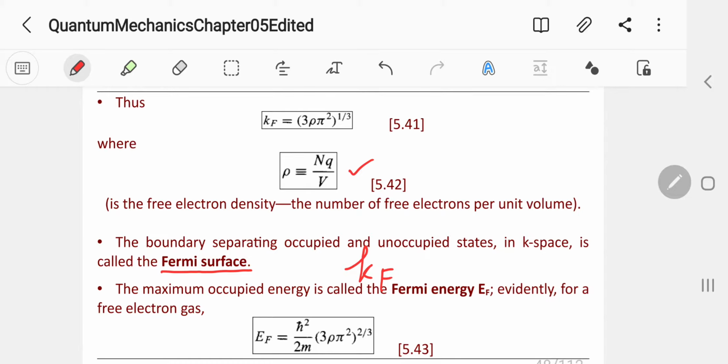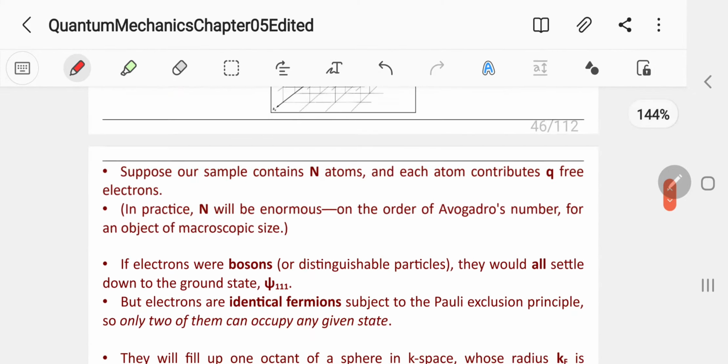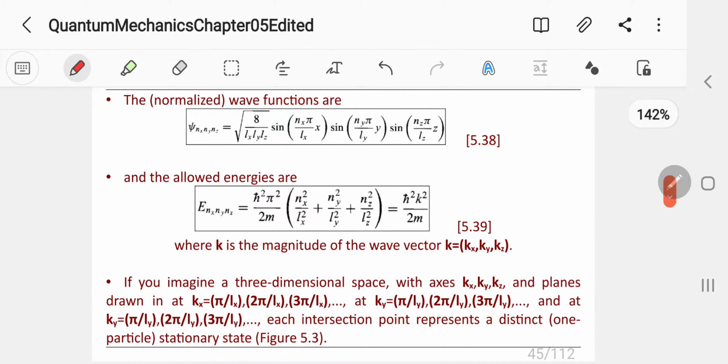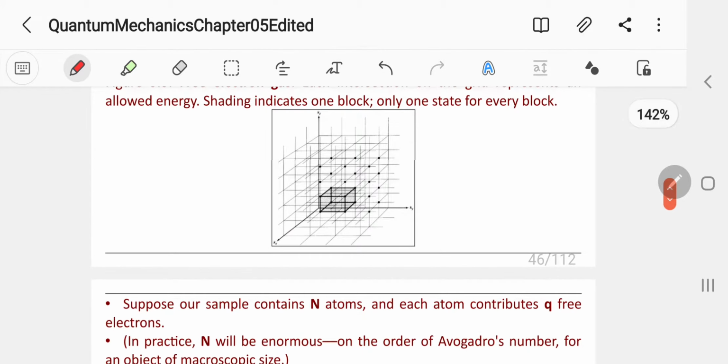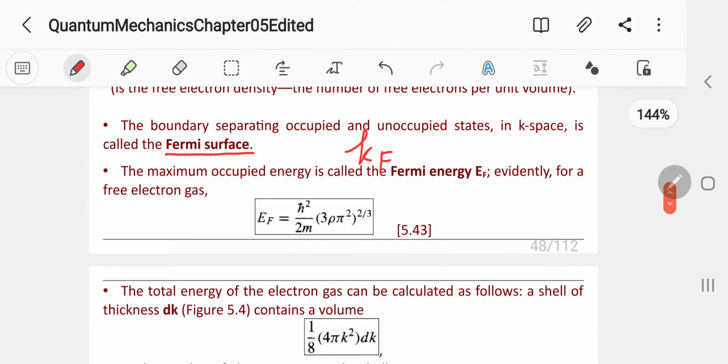So now, since your energy is h bar square k square over 2m, the energy of that particular octant in the solid is equal to this expression, and this is your k, or the Fermi radius.